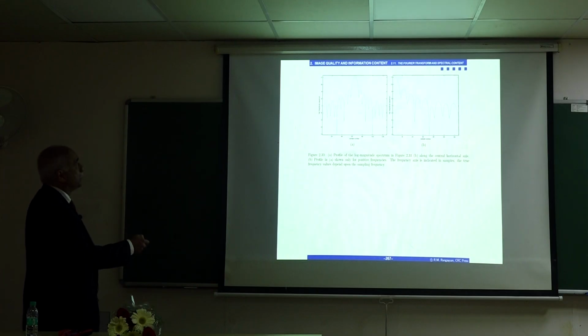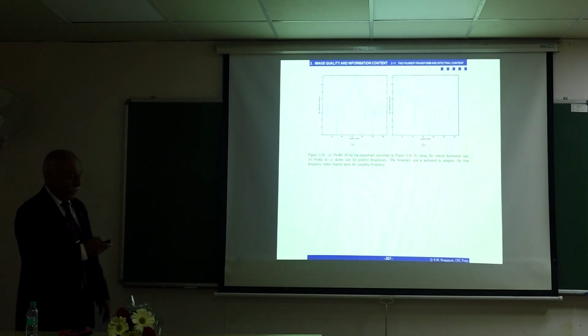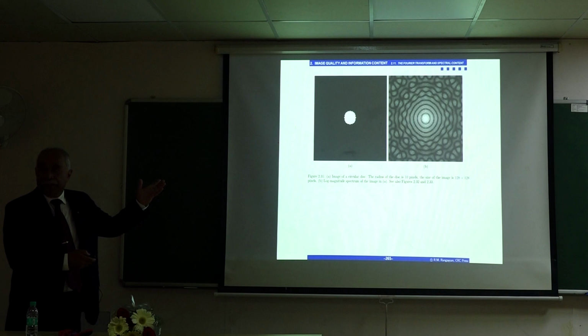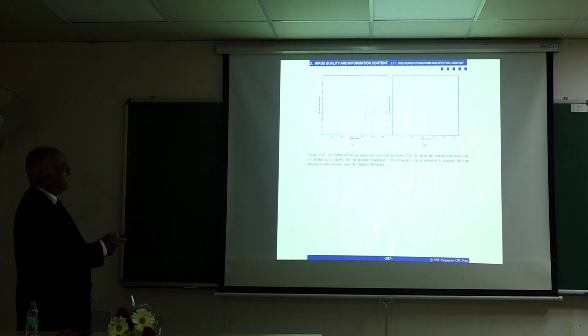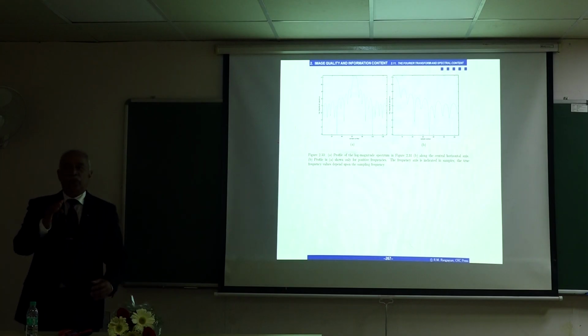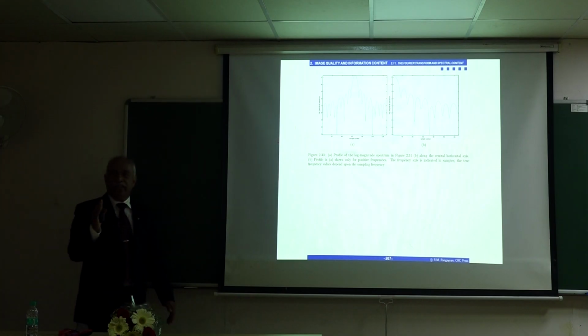So it is symmetric, and it is isotropic. So you don't need to show the whole thing. You can take a section, and you don't even have to show this much. Half is enough. So you are showing a radial profile for only positive frequencies.